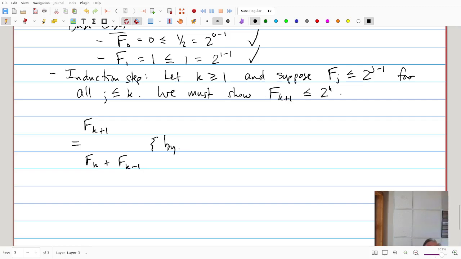And this is, by definition, of the Fibonacci numbers. Right? But unlike the previous time, we're actually allowed to do this because we know that k is at least 1. And that means that F(k+1) is at least F2, because that definition does apply. Right? Note k is greater than or equal to 1. So this is allowed.